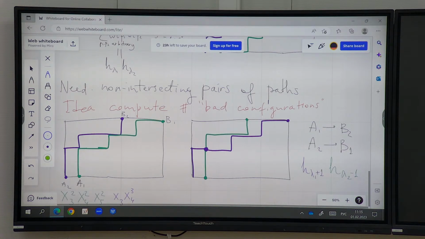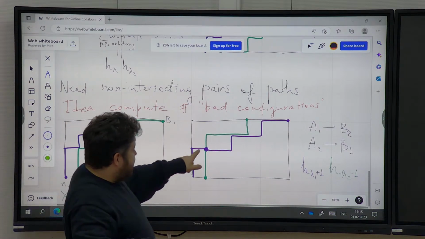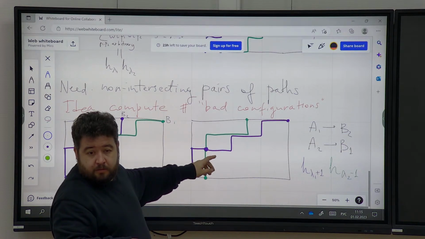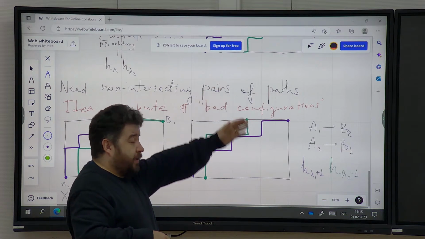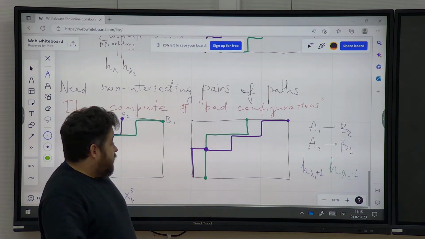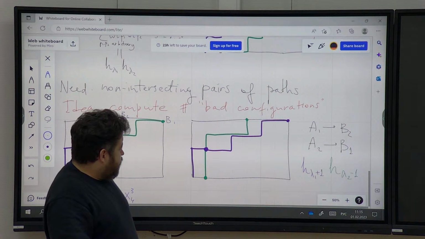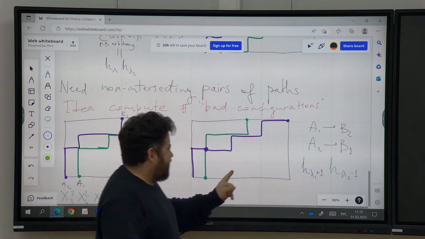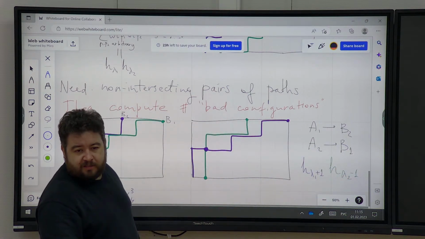You see that here you have, and this computes, pairs of paths which intersect in this one, or in some other point, whatever. Oh, no, not really, because this was computing the whole number of paths. What about the intersecting ones?